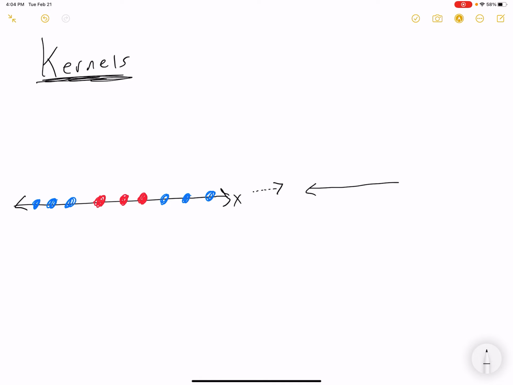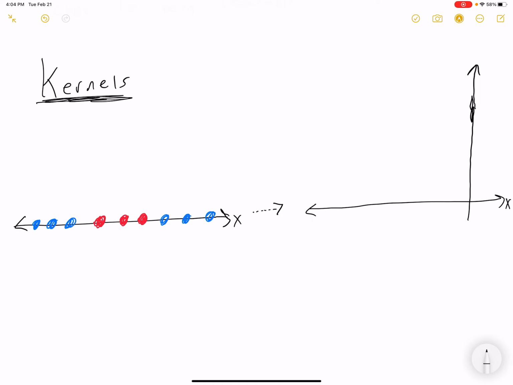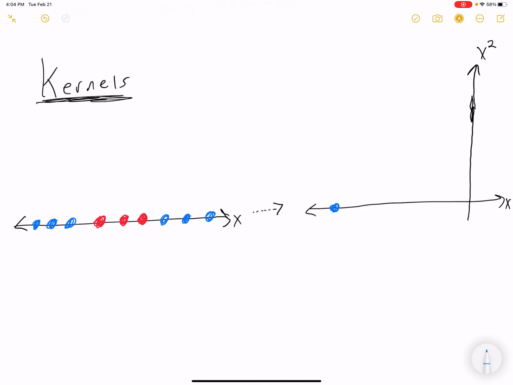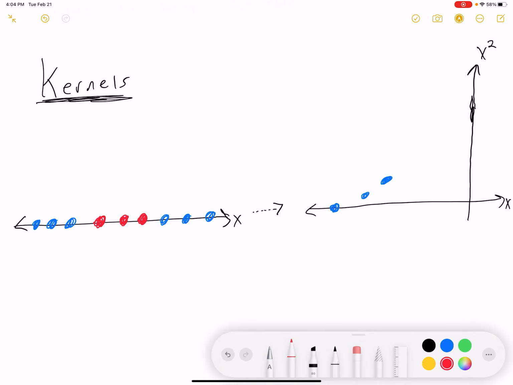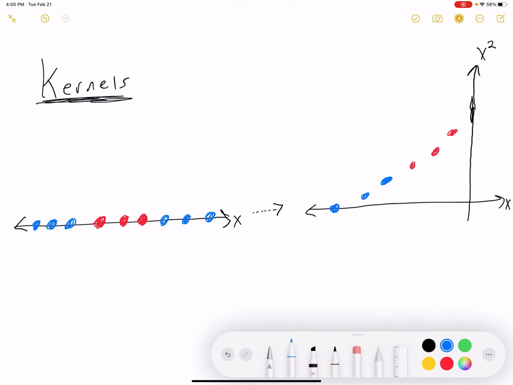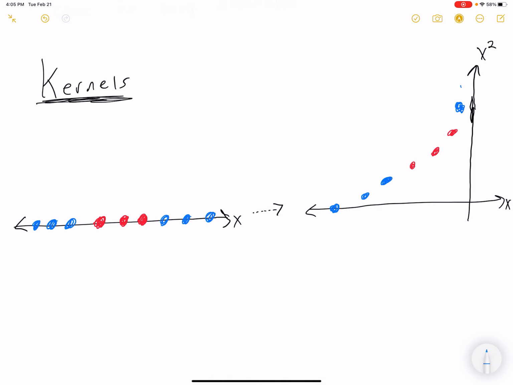And what happens when we do that is, let's say we have our original x-axis and a new axis, which is our x-axis squared. If we project our data into this two-dimensional space, which I'm going to draw really loosely, now it's a quadratic function.